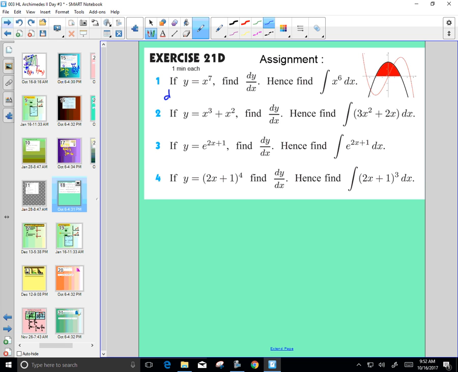So what's the derivative? Well, let's talk this form business first. Y equals x to the 7th. What's another name for y? F of x, right? Okay, so a couple ways to do the derivative. Sometimes they'll call this the derivative. By the way, what's the derivative of x to the 7th? 7x to the 6th.